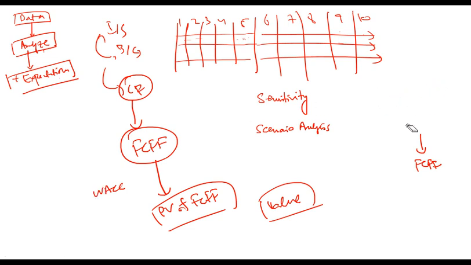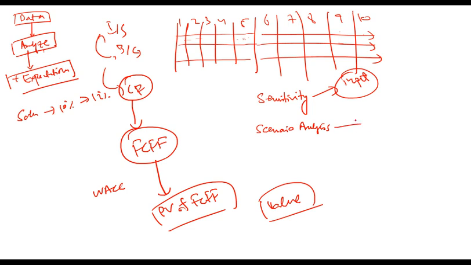What is sensitivity analysis? Sensitivity analysis tells you how much value will change if you change a single input. So for example, if I change sales growth from 10% to 12%, how will value change? If I change profitability, how will value change?